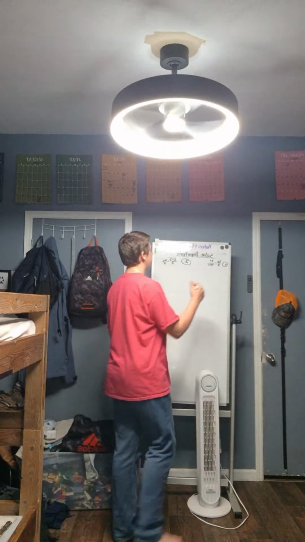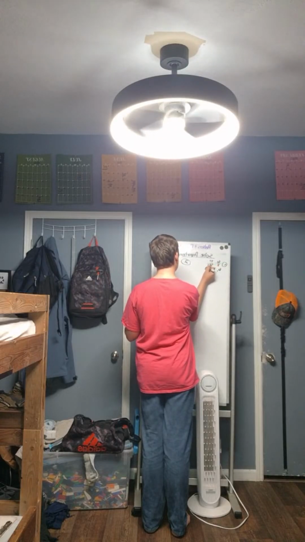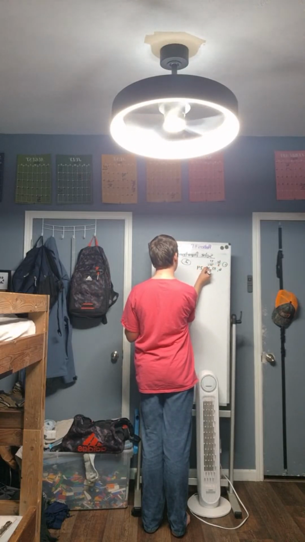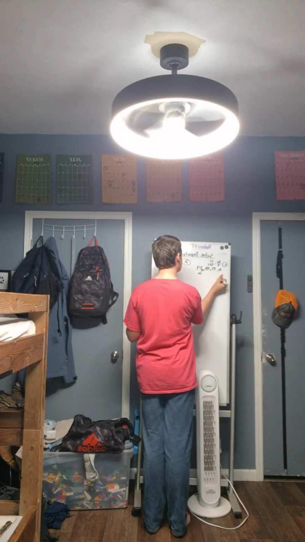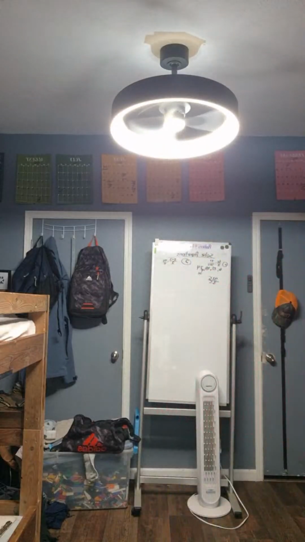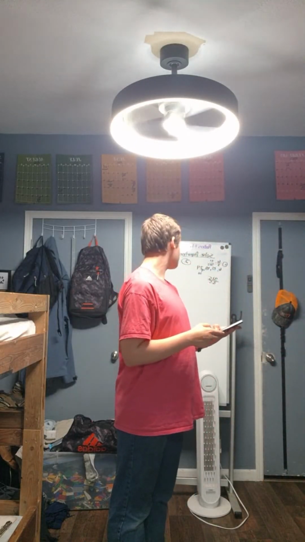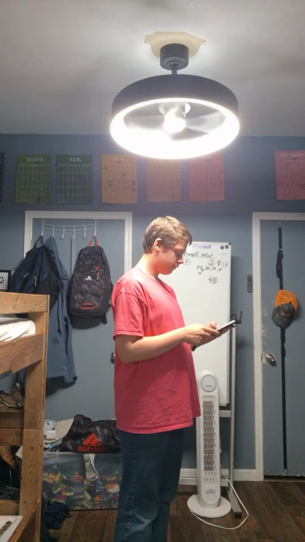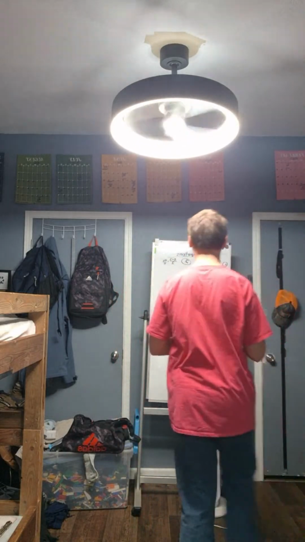Let's test. We have 6, 12, 18, 24. 21 fits in there like 3.5 times. So we're going to do 31 and a half divided by 3.5. We would get 9.